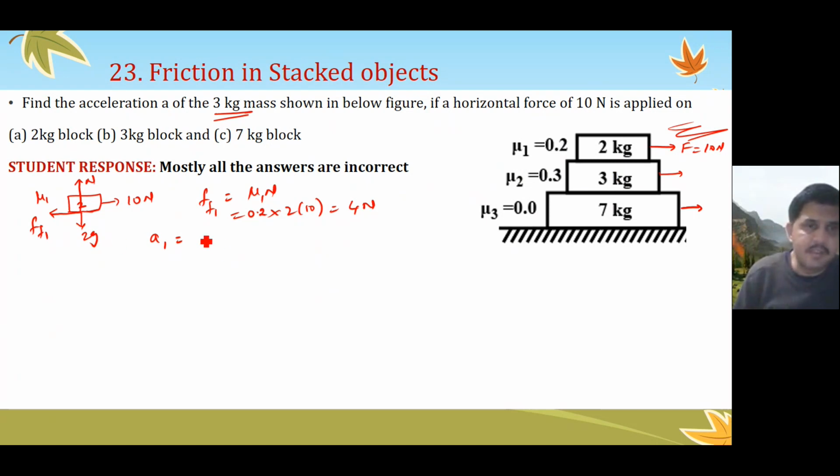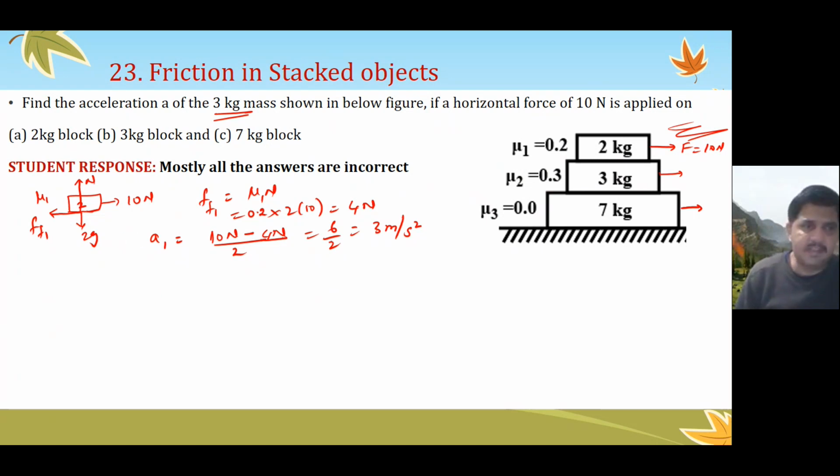So A1 is equal to forward force 10 Newton minus backward force 4 Newton, because this is acting in the opposite direction, divided by the mass of the object, which is 2, because F equals MA1. So A1 is equal to 6 by 2, which is equal to 3 meter per second square.